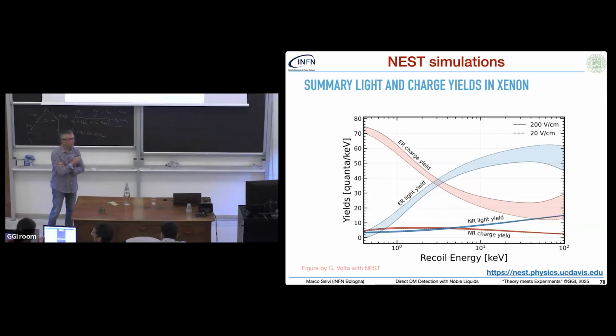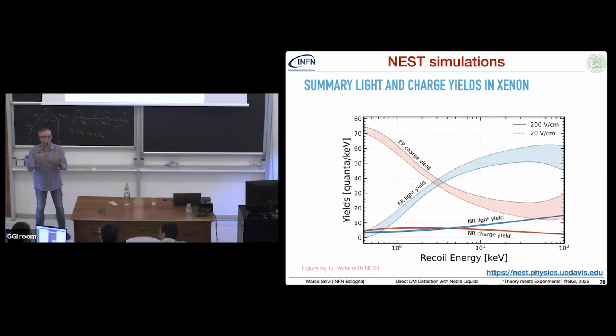Zero dissipation, right, at least down to 0.2. This thing doesn't lose energy. Yes, but it is lost, and this happens mostly for nuclear recoils.